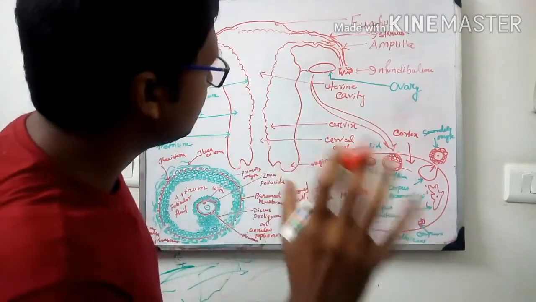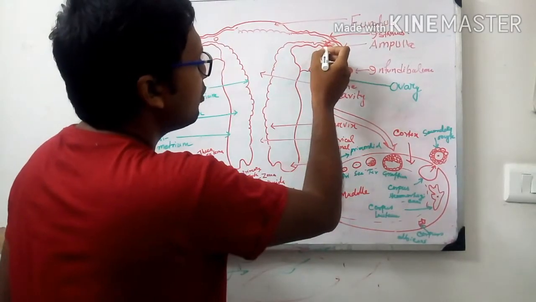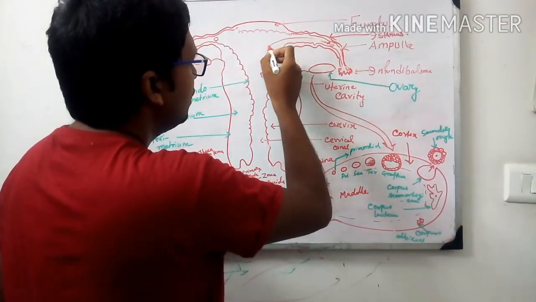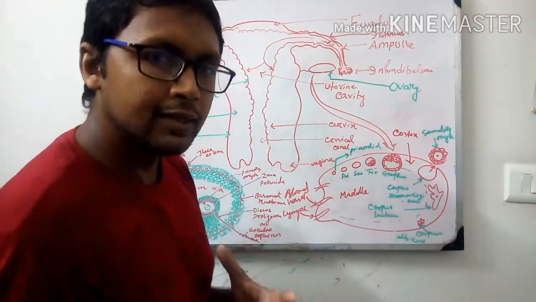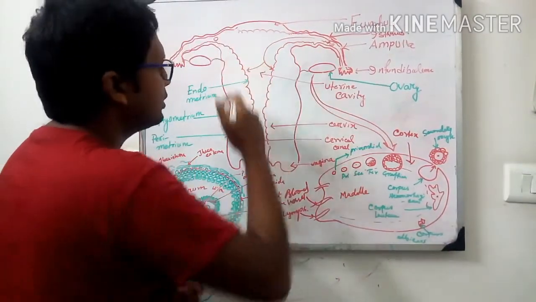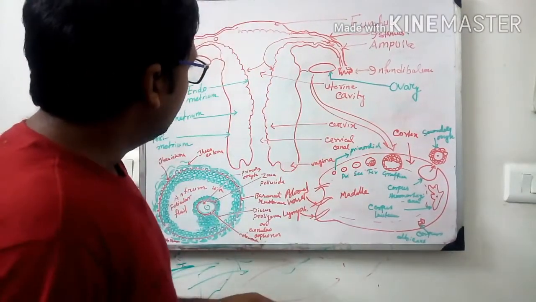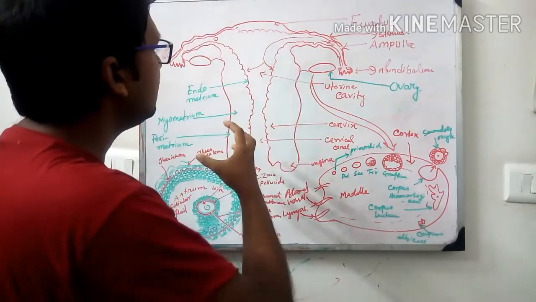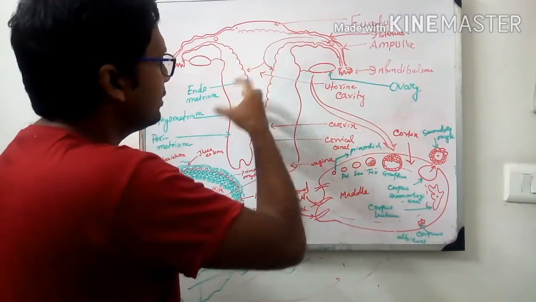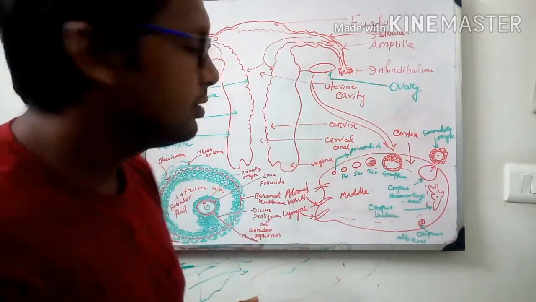If successful fertilization occurs, then a zygote will form, and the zygote will transfer here, attaching to either this wall or this wall. This is called implantation. That is, the zygote successfully attaches to the endometrium.